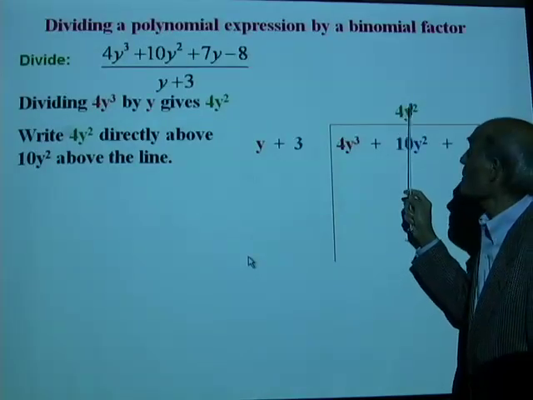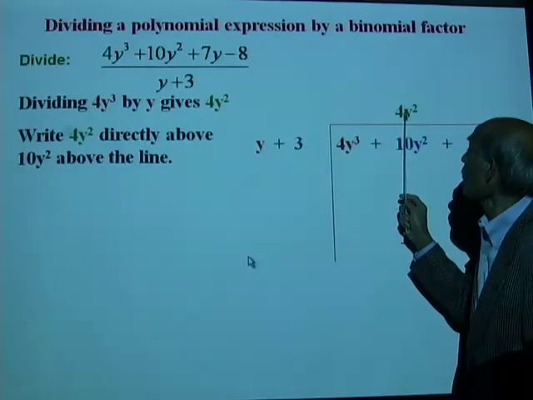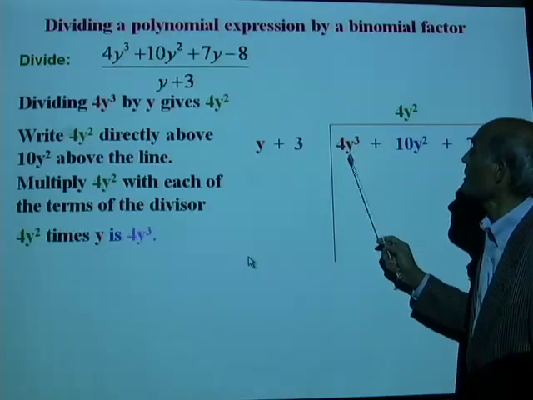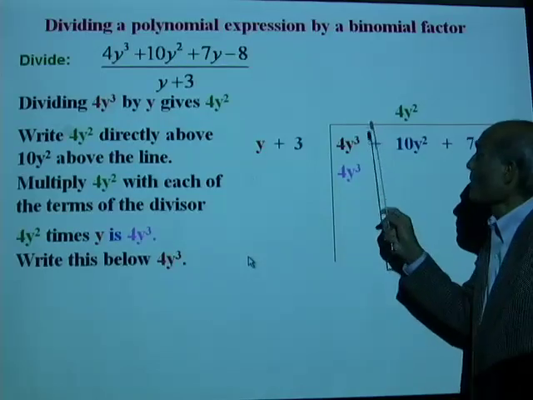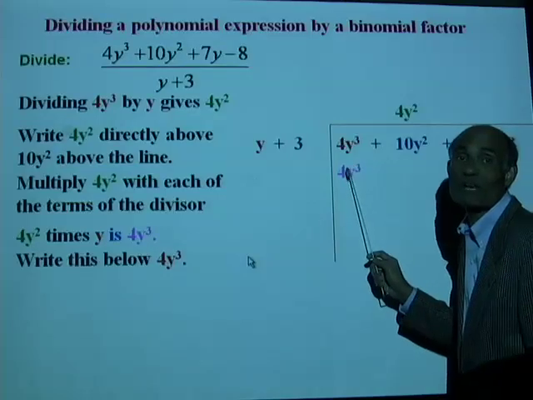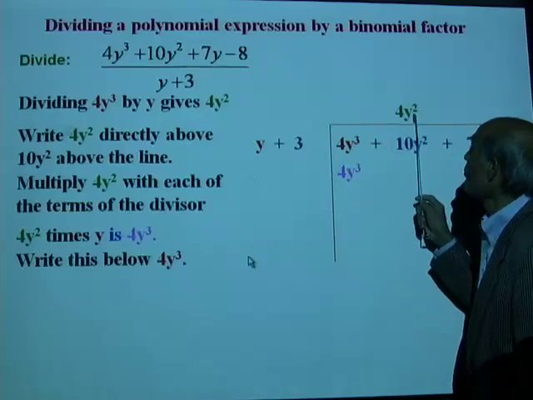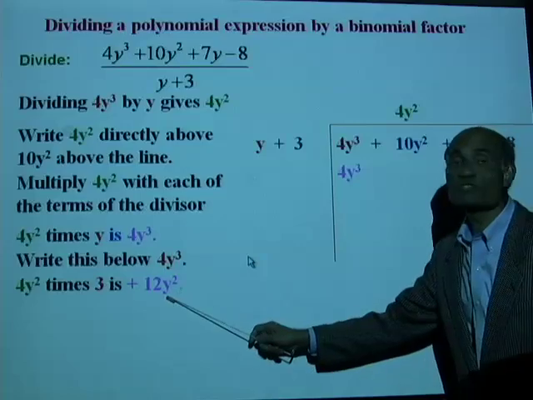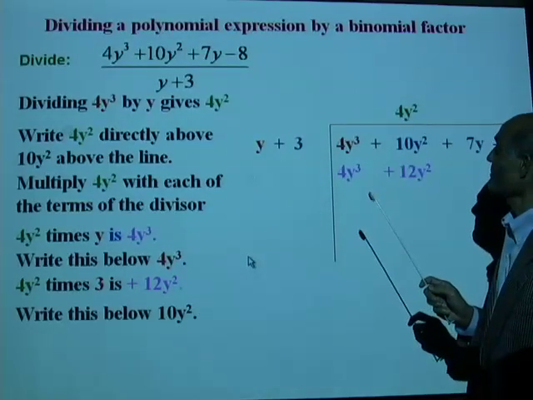Now, in the next step, multiply this 4y squared with each of these terms. 4y squared times y is 4y cubed, and write it below 4y cubed. Always the term that you write below the first term will be exactly the same. 4y squared times plus 3 will be 12y squared, and write it below 10y squared.